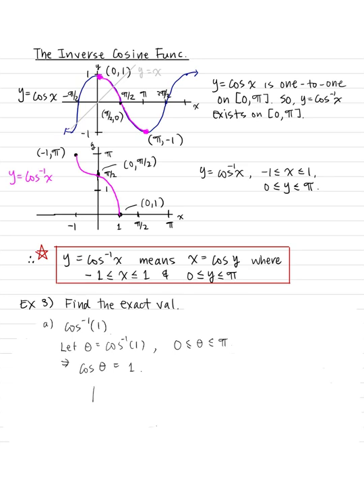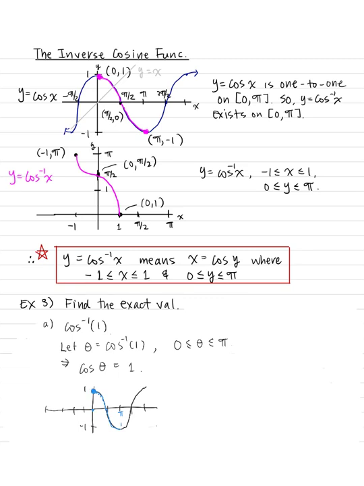There are many ways that you can determine this value, but let me just draw a picture real quick. Cosine is going to start from 1. Now from 0 to pi, which will be from here to pi, cosine of theta is 1 at 0.